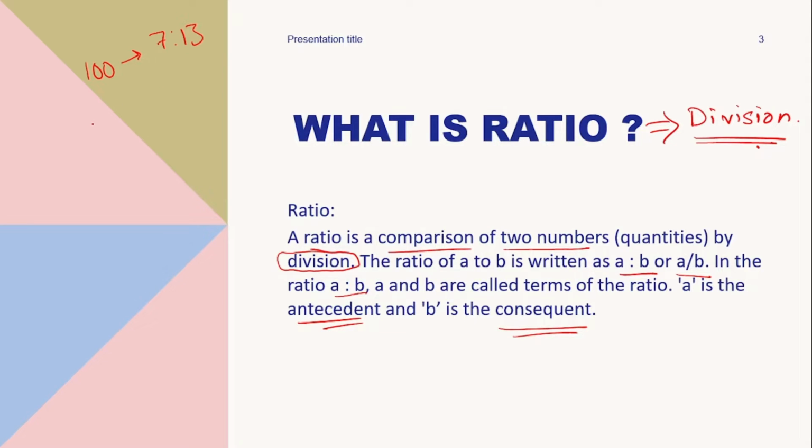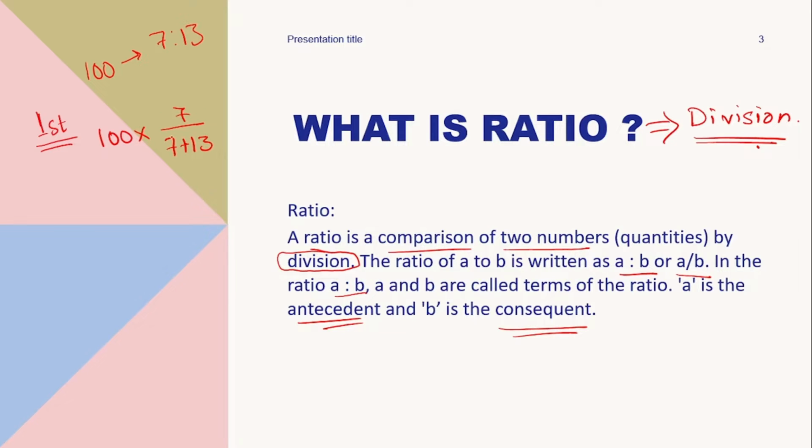First, you find the first part: 100 into 7 by 7 plus 13. 7 plus 13 is 20, and 20 and 100 will cancel out.